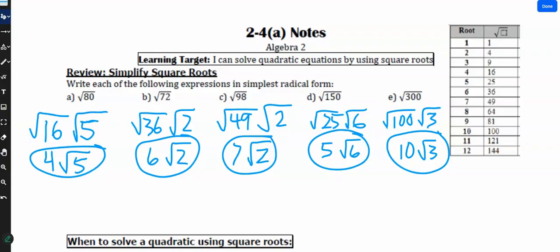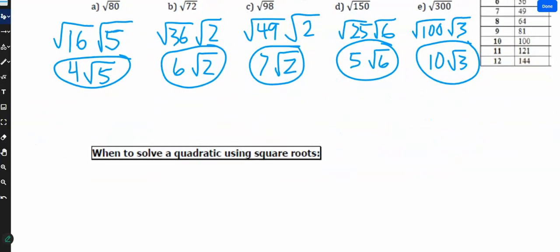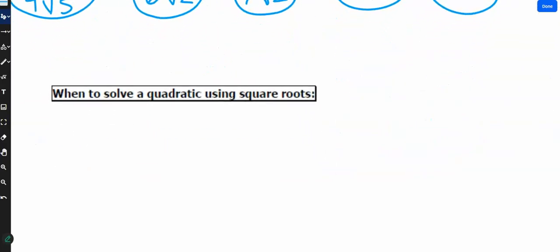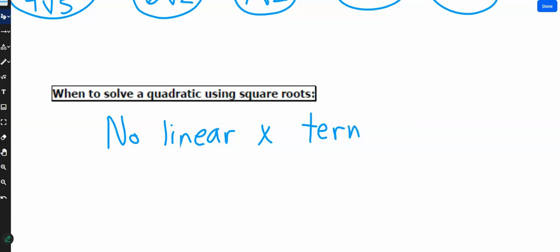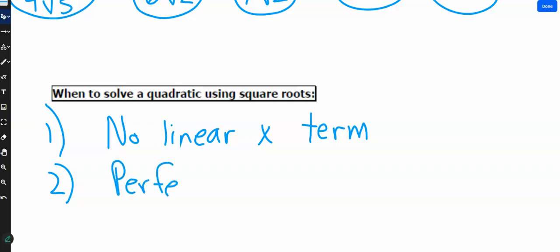We are going to be solving quadratic equations using the method of square roots. We need to know when I can use that and when I can't. When to solve a quadratic using square roots, the two options are: no linear x term, or you already have a perfect square.